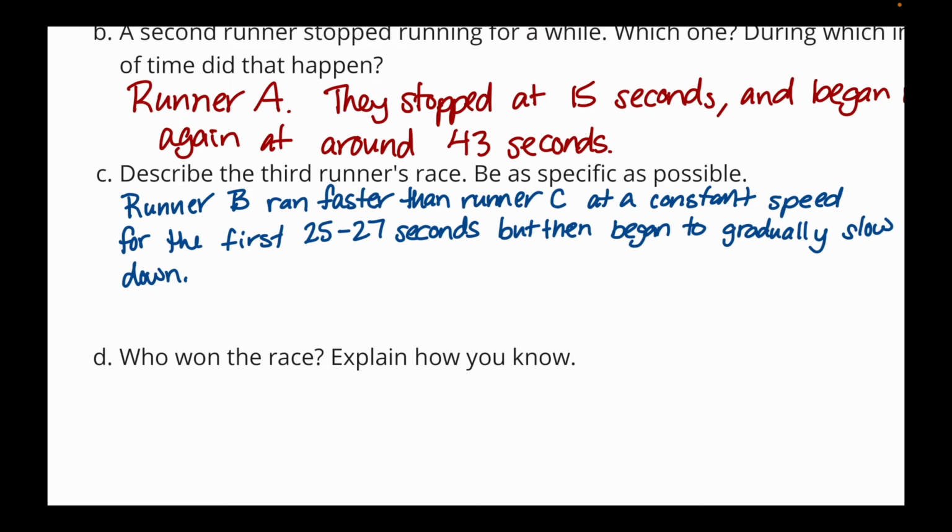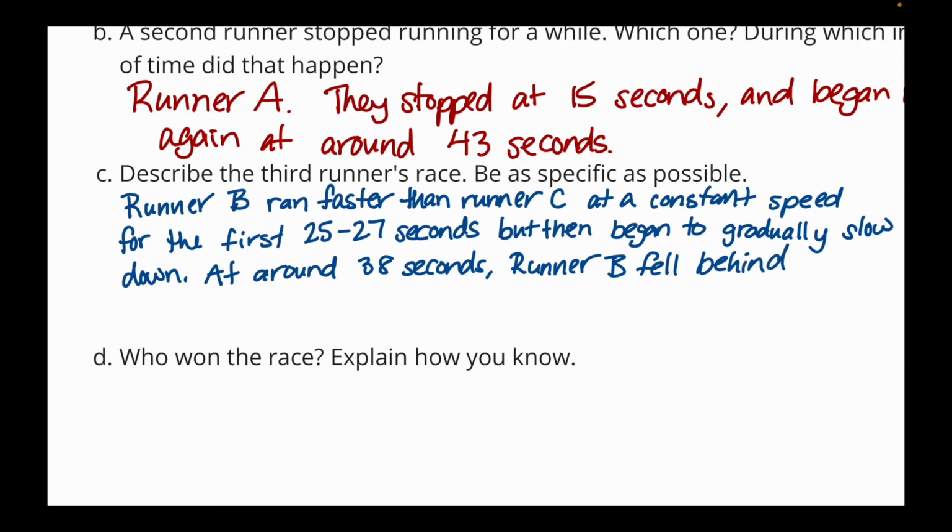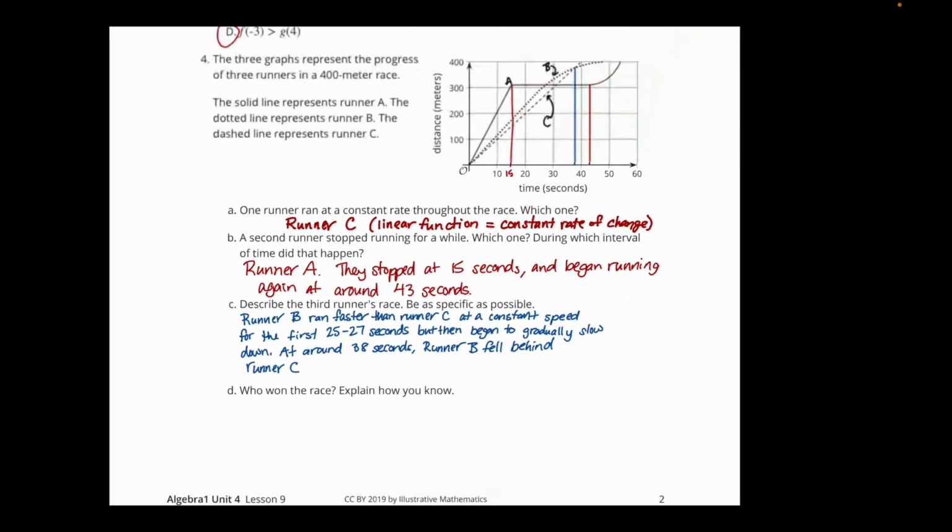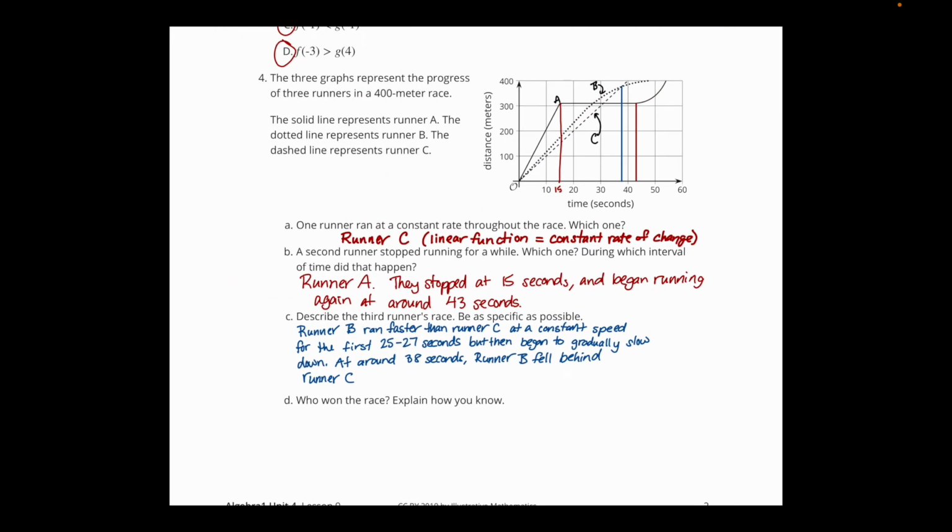So at around 38 seconds, runner B fell behind runner C. And runner C actually finishes first because runner A stopped.